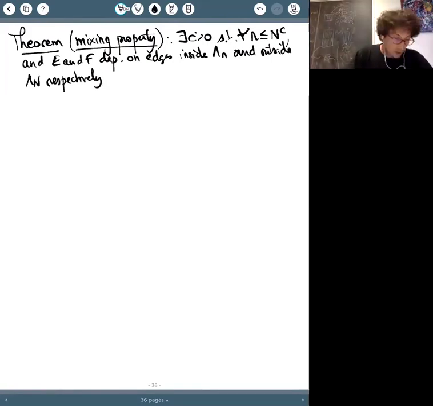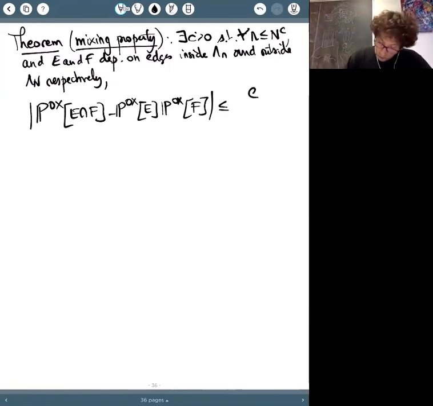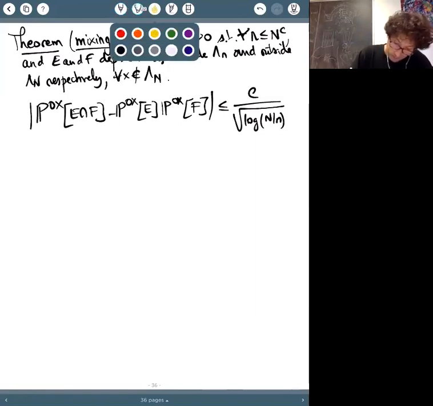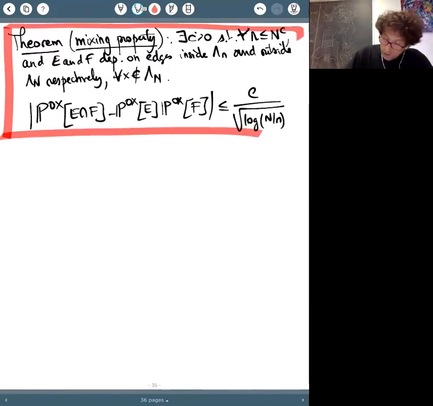Then I claim that the absolute value of the probability_{0,x} of E intersected with F minus probability_{0,x} of E times probability_{0,x} of F is smaller than a constant over the square root of log N over n. Okay? And this is true for any x which is not in Λ_N. So it's an additive mixing.